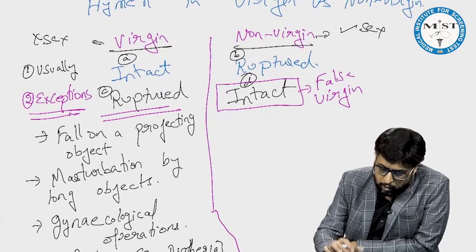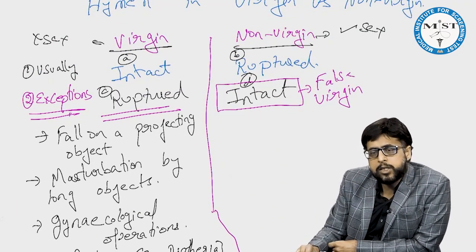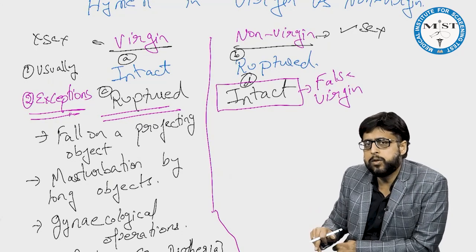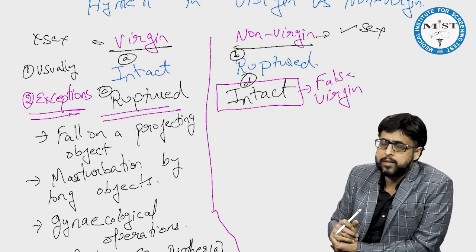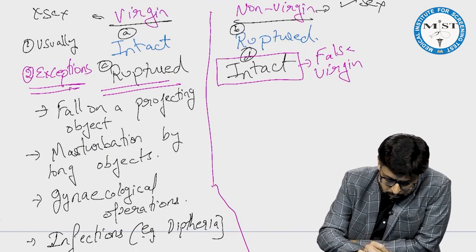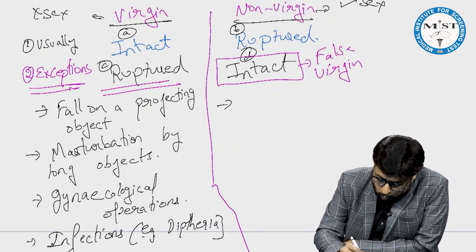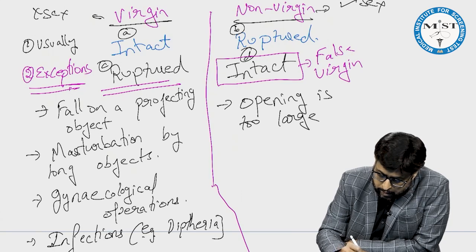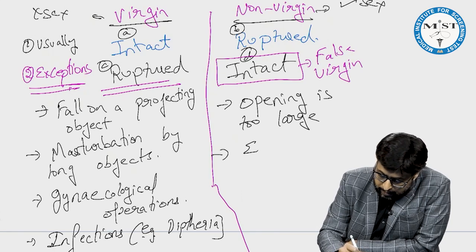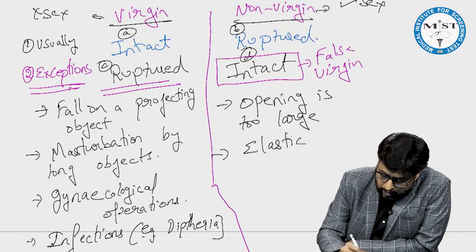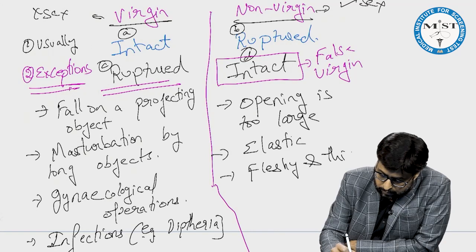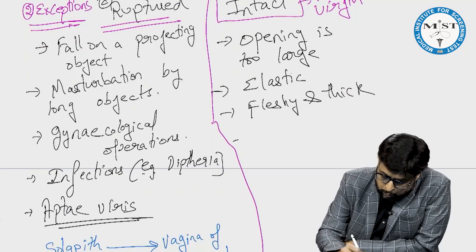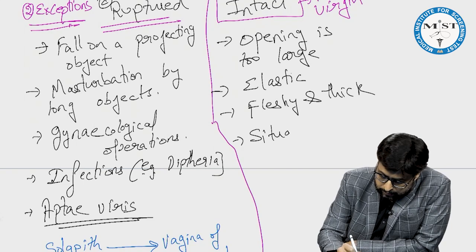Now, coming to the false virgin. What are the conditions in which even if the girl had sexual intercourse, still the hymen is intact? Again, common sense. When the opening is too large, then also the hymen will not get ruptured, or the hymen is very elastic, very fleshy and thick, or the hymen is situated deep inside.